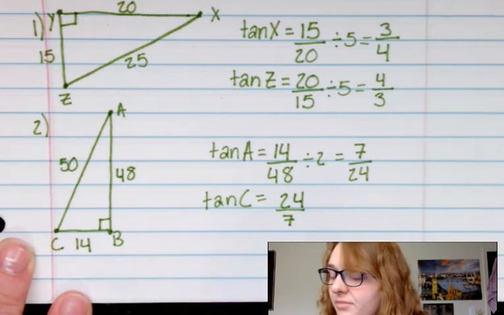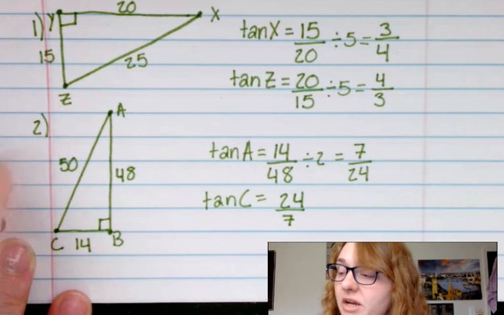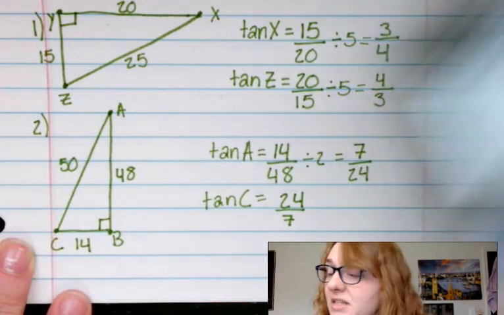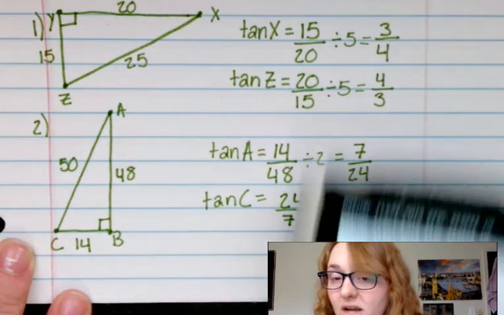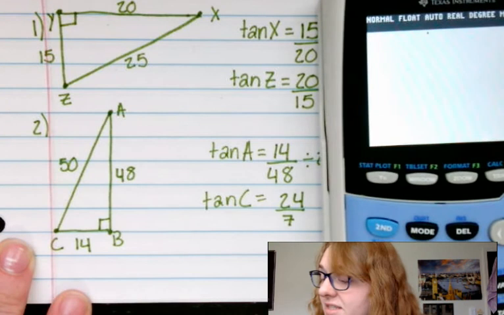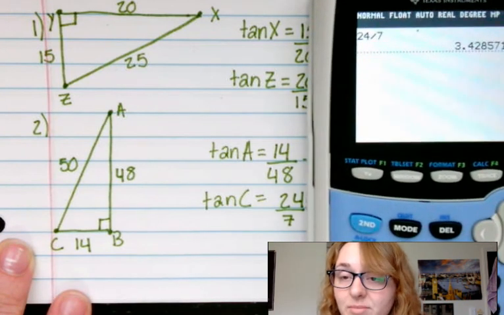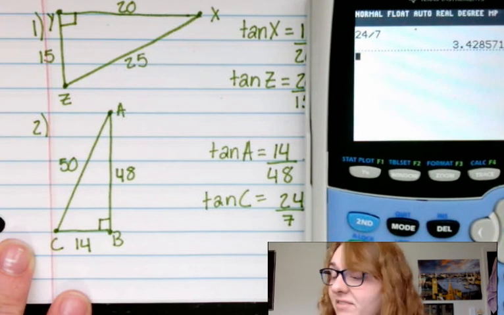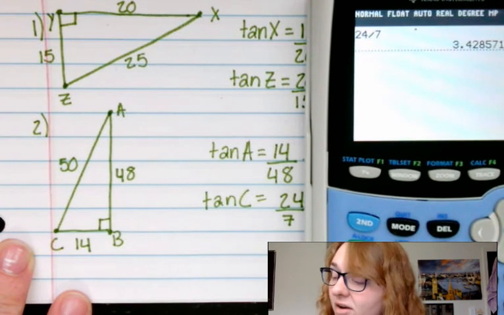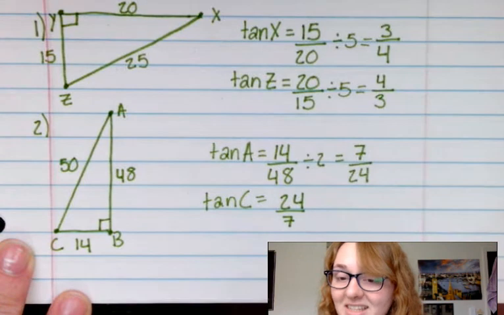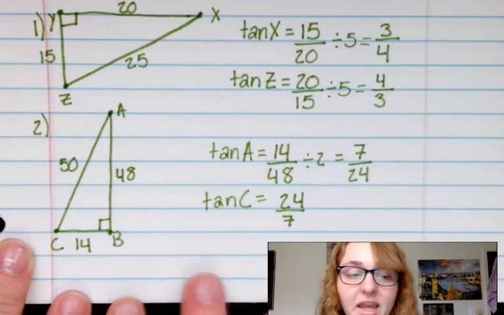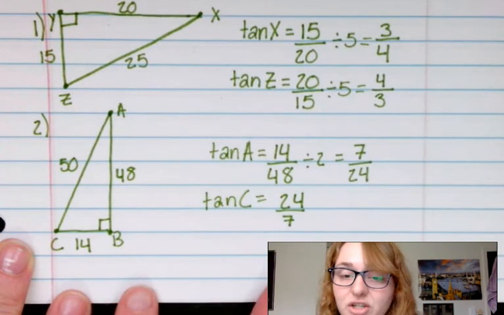Now we have fractions here, but it is important to realize that these do have decimal approximations as well. If we were to take 24 divided by 7, we would get a decimal approximation, 3.42857 and so on. So even though we're used to seeing these now as fractions, they can come out as decimal approximations.